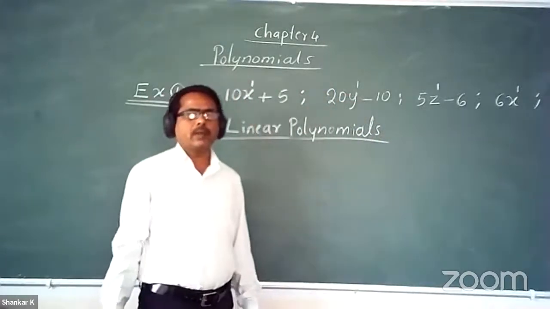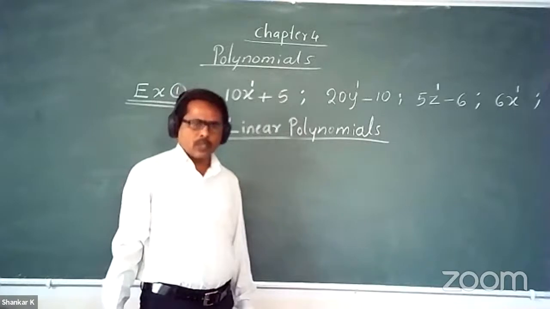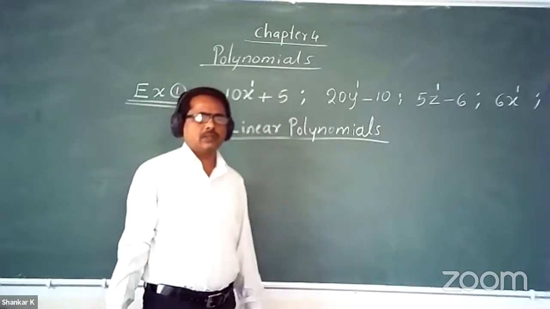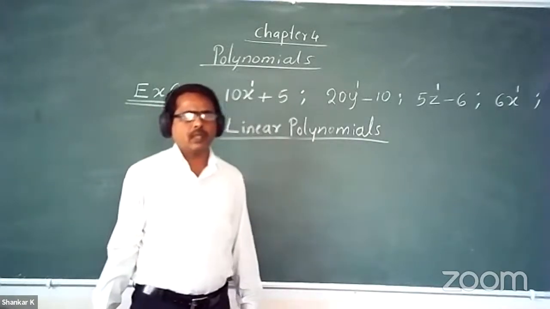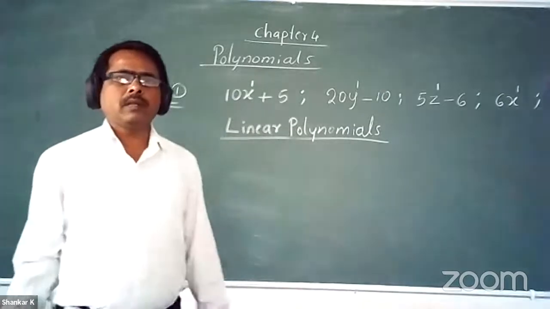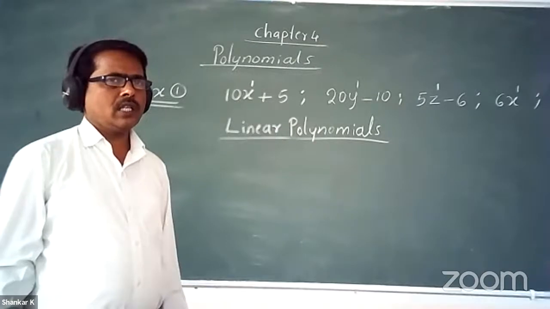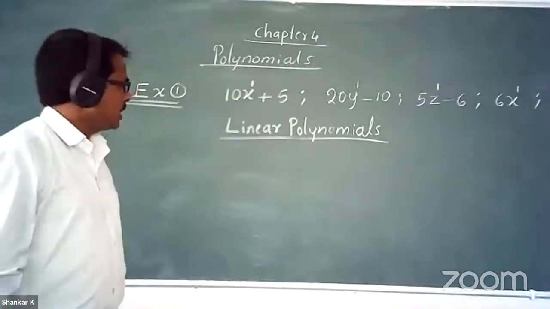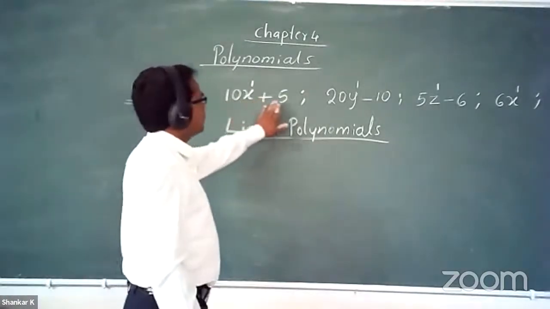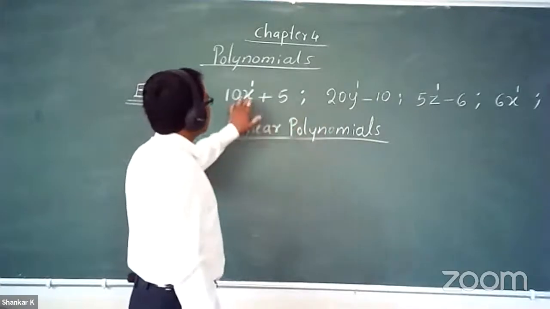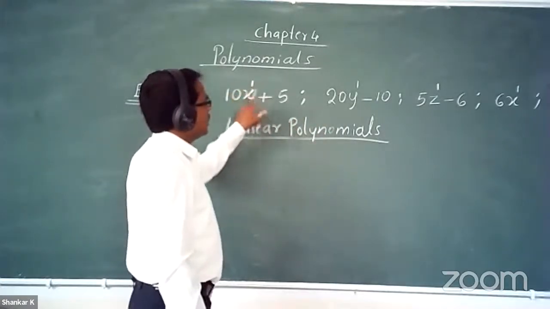What is a linear polynomial? A polynomial whose degree is 1 is called a linear polynomial. Linear polynomial means, first, it should be a polynomial. Second, its degree should be 1. What is the degree? Highest power of the variable. Here the highest power is 1, so it is a linear polynomial.